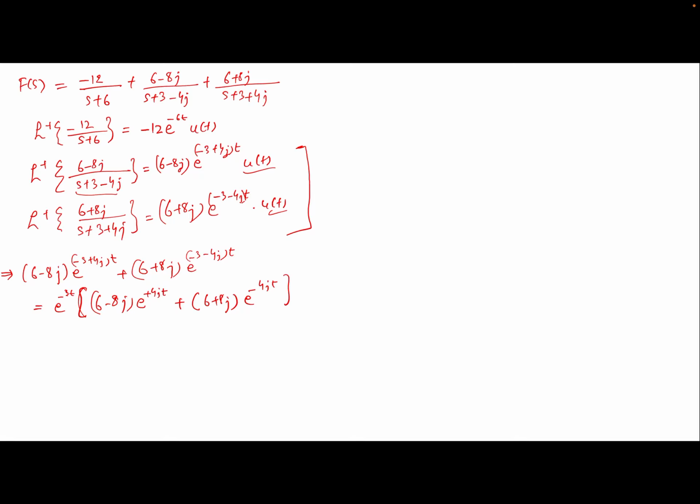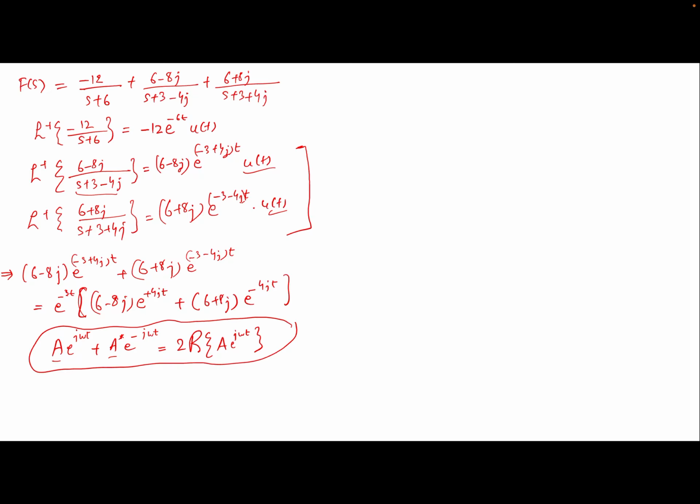I also know one of the identities: if I have some sort of a constant a, e raised to power j omega t plus the conjugate of that complex number, e raised to power minus j omega t, should be equal to 2 times the real part of a e raised to power j omega t. You can prove this identity as well.